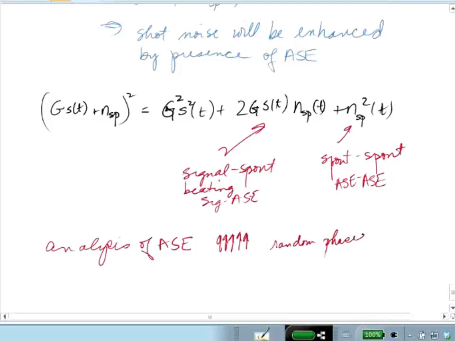Because it's a thermal noise process, it's got random phase, constant amplitude, and in the analysis in that paper, they let the bandwidth go to 0, so that each one is very, very narrow band, and the number of components goes to infinity.